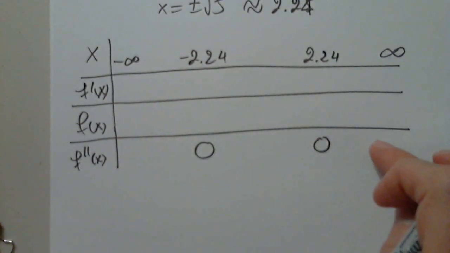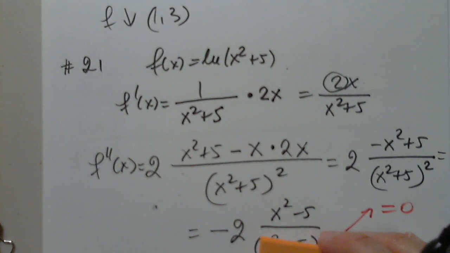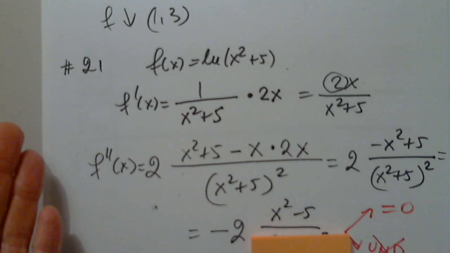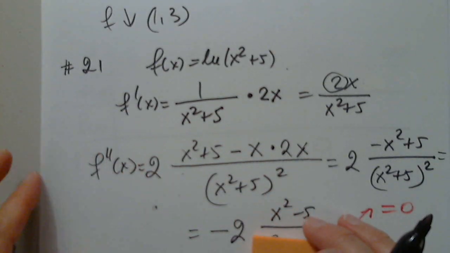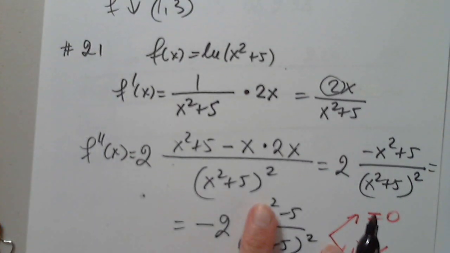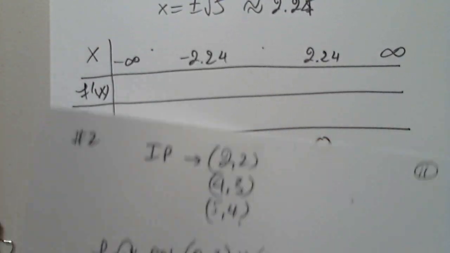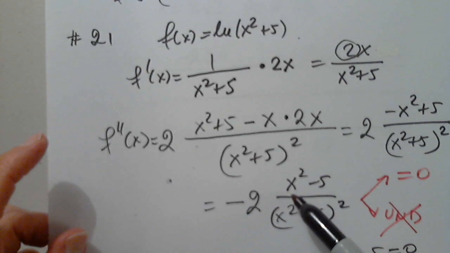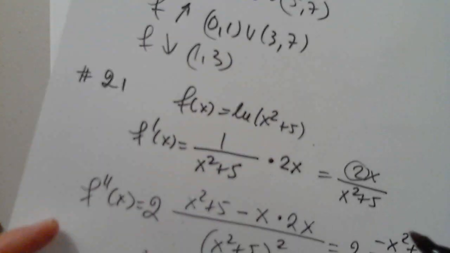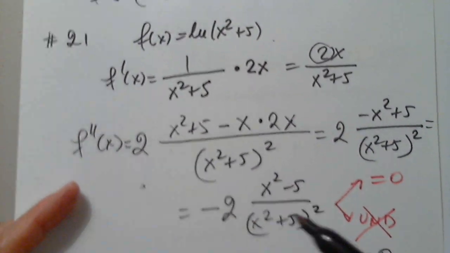I have to study the sign of the second derivative. I will not study the sign of the denominator. I refuse. It's a waste of time. And I would like to plug in a number to the left of negative 2.24, in the middle, and to the right of 2.24. So a number here, which is 0, which will be the easiest, negative 2 times negative 5. And when I plug in negative 10, this will be positive with minus in front. When I plug in 10, this will be positive with minus in front.